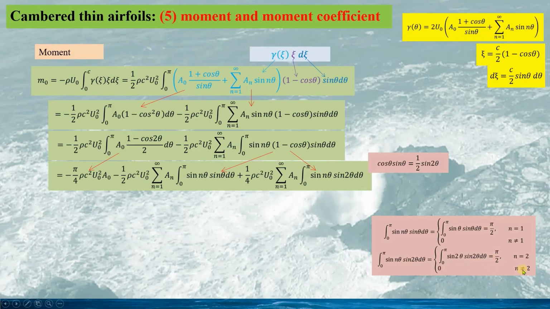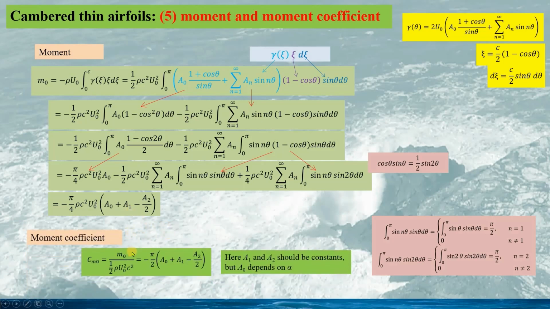And when n is not equal to 2, it would be 0. Therefore, we have the expression for the moment with regard to the leading edge given by a result as this. So we can calculate the moment coefficient Cm0 given by this, and the expression as this.